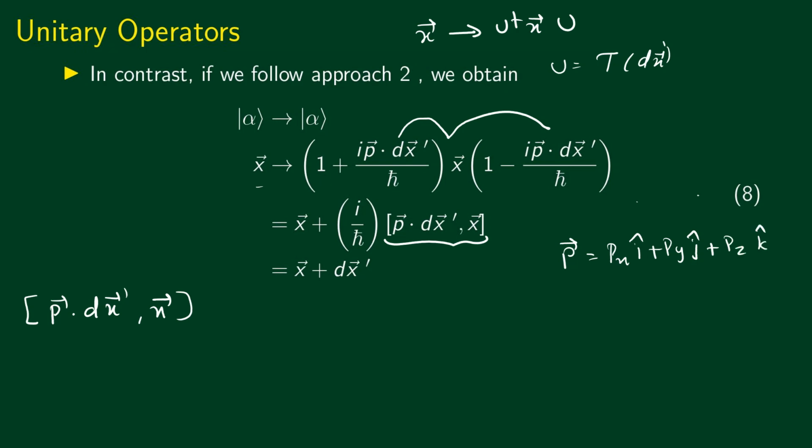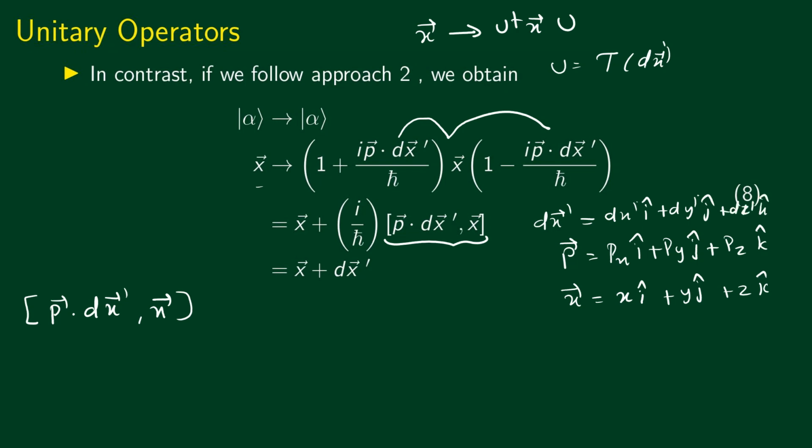And x vector operator can be written as x operator i hat plus y operator j hat plus z operator k hat. Similarly, dx vector prime is the infinitesimal displacement denoted as dx prime i hat plus dy prime j hat plus dz prime k hat.